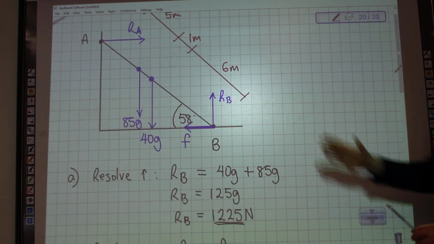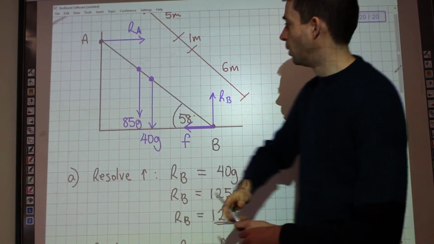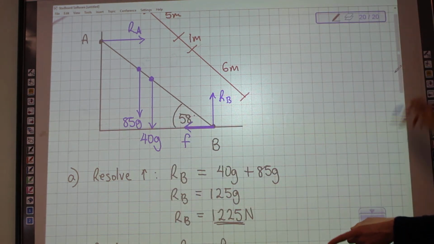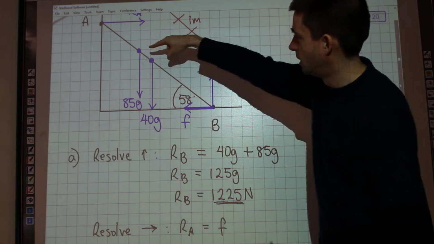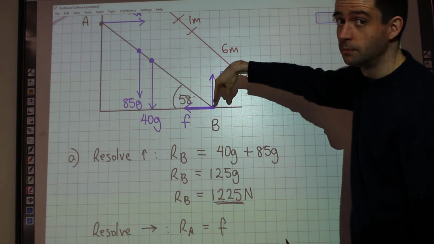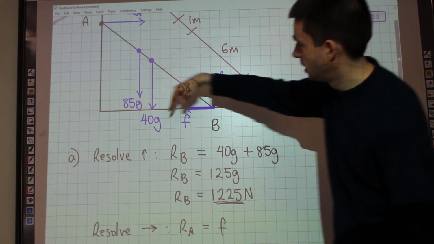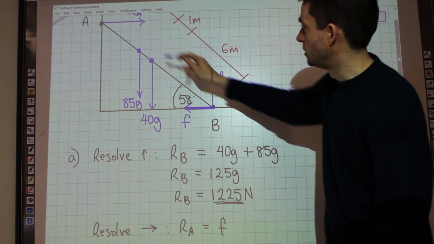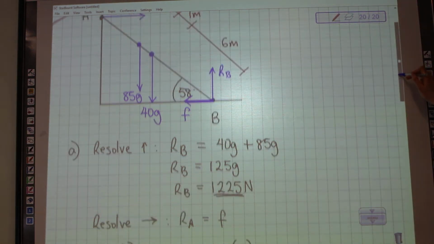Okay, anti-clockwise moments then, pivoting on B, what's trying to make it go this way? Well, it's two forces, it's 85g and 40g. Now 85g is a distance of 7 from the point that I'm taking moments about. I need to know the perpendicular distance between the line of action of that force and this point. So 7 meters times by cos 58 is going to get that for me.